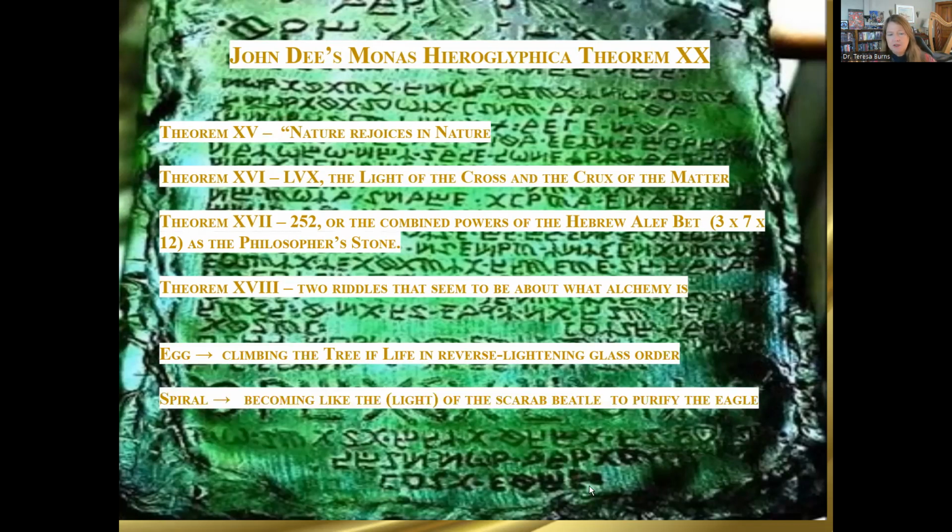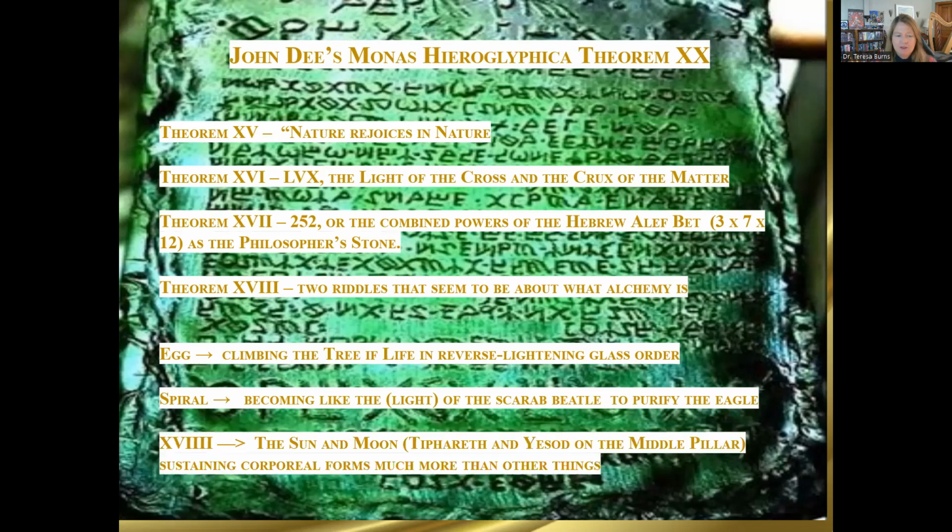When you get to the one on the spiral, you are becoming like the light of the cross, or the Christos, or Jesus associated with Tifereth, and the light of the scarab is just, as we talked about, a reference to Jesus or the Christos, and you're anointing yourself, Christos being the anointed one, and hopefully maybe purifying the eagle, that is the rather warlike Holy Roman Empire, which will also become relevant in this theorem.